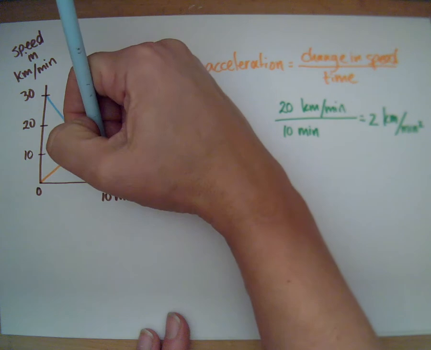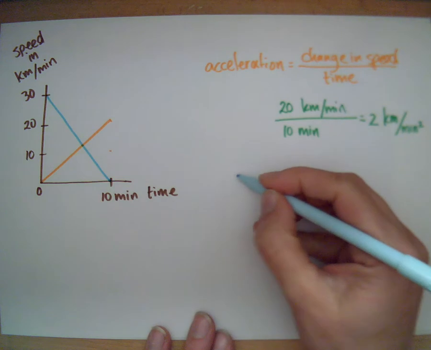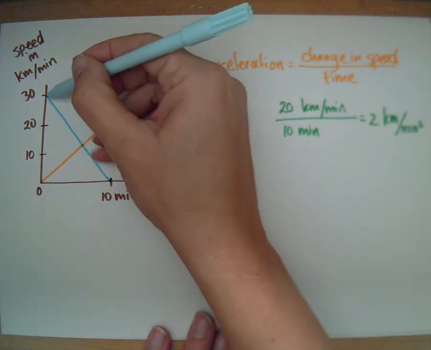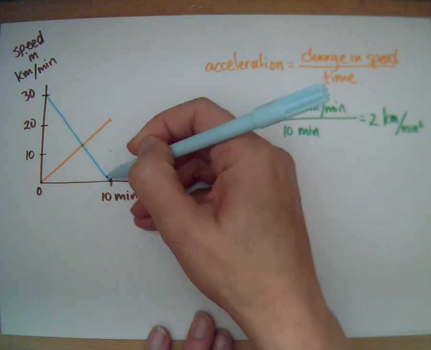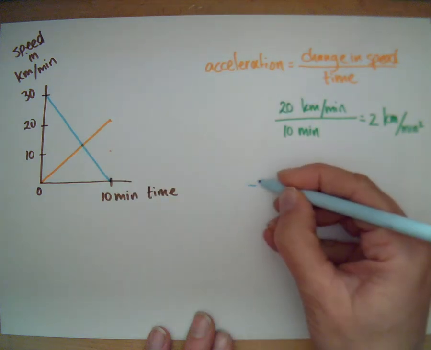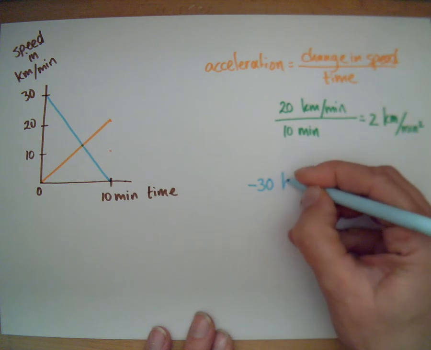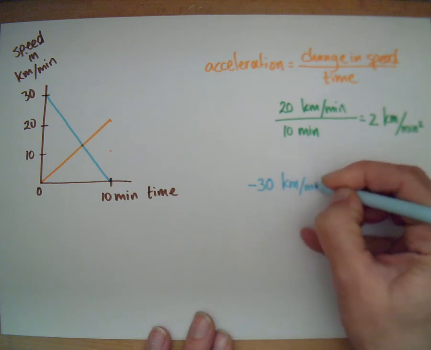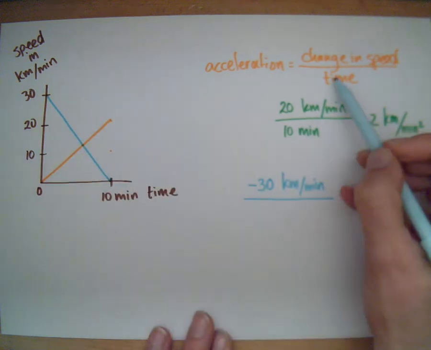Let's look at this graph. We're not looking at the blue line. Let's find out the acceleration over this time interval. Acceleration is change in speed. How much did we change our speed? Our speed went from 30 to 0, so it changed negative 30 kilometers per minute. And how long did it take? What's the change in time?